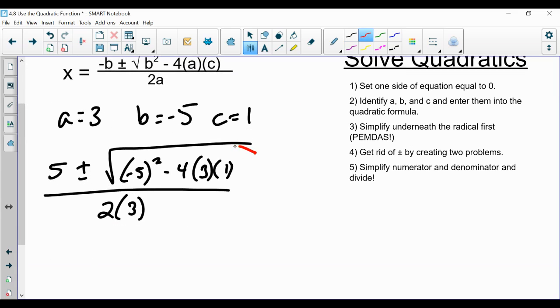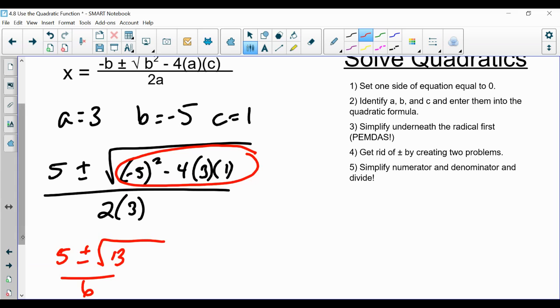Remember what I told you guys: type this into your calculator without the root sign. So it'll be 5 plus or minus the square root of whatever you get when you type that in. If you type that in, -5 squared minus 4 times 3 times 1, you would get 13, over 6.